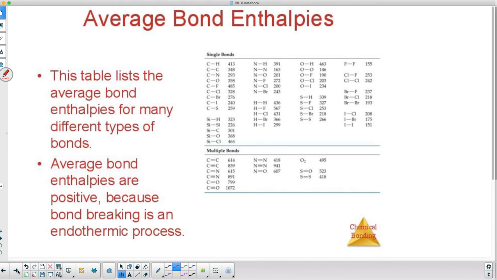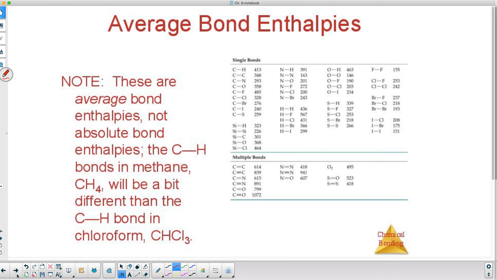So here's a whole list of single bonds and multiple bonds, meaning double bonds and triple bonds. And there are no quadruple bonds. That just doesn't happen. So the table lists the average bond enthalpy for many different types of bonds. Average bond enthalpies are positive because bond breaking is an endothermic process, meaning you absorb heat or energy.